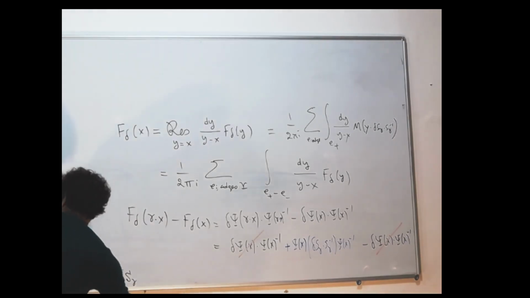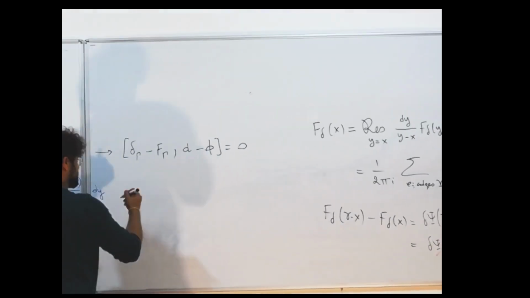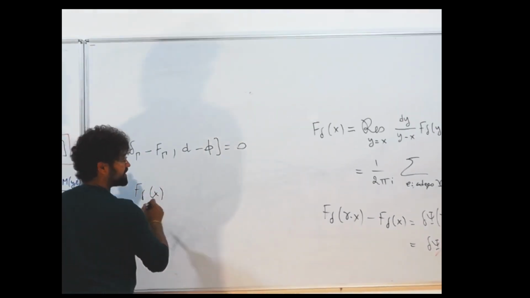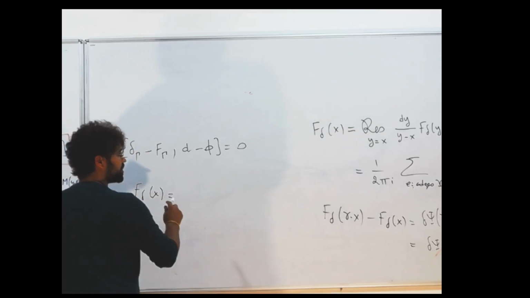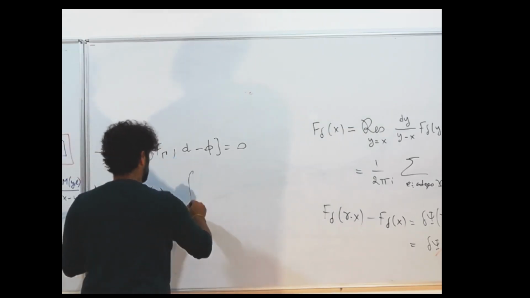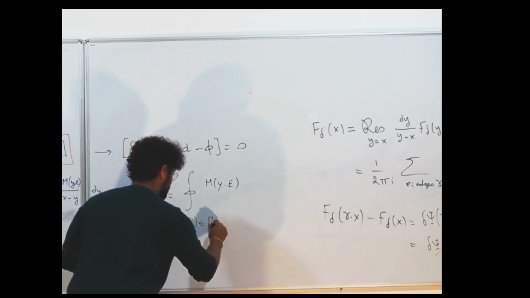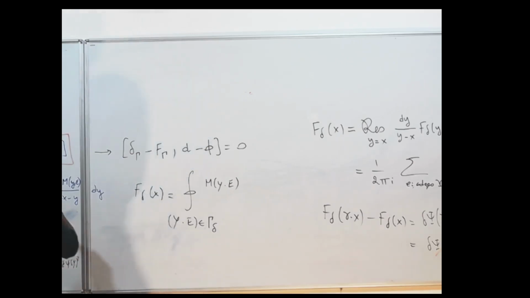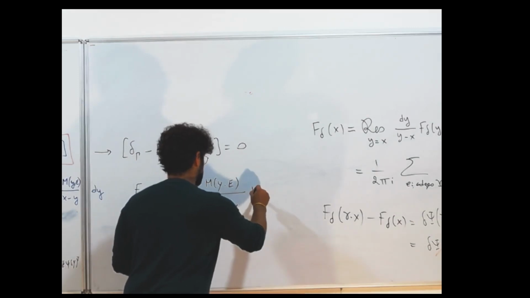All right, which implies that f delta of x is equal to the integral of m y dot e inside of gamma delta, up to 2πi, 2πi over y minus x dy.